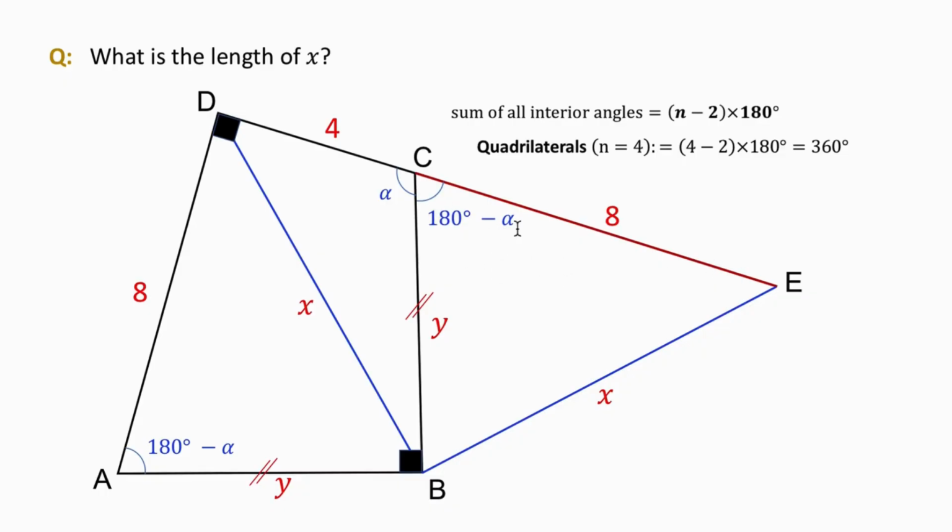Because the length of CE is equal to AD and CB is equal to AB. Also, these two angles are the same. That's why the length BE is the same as the length of BD, which is x. If we label the angle opposite the side of length 8 as beta, the angle opposite the other side with length 8 also has to be beta.